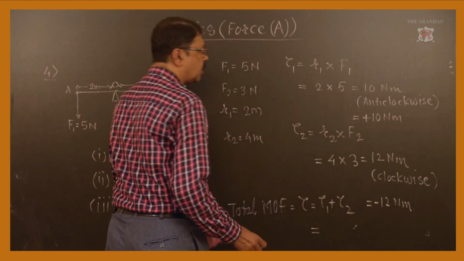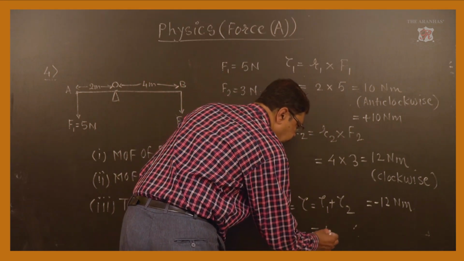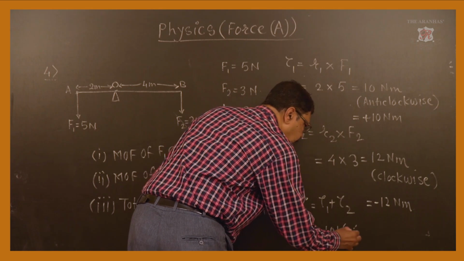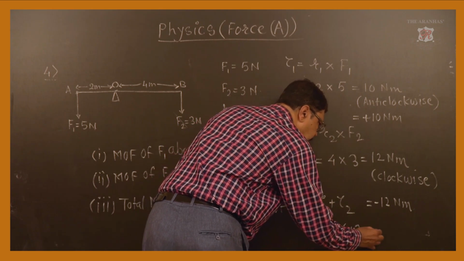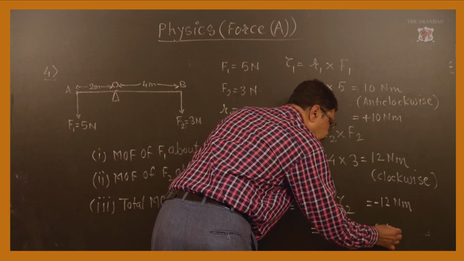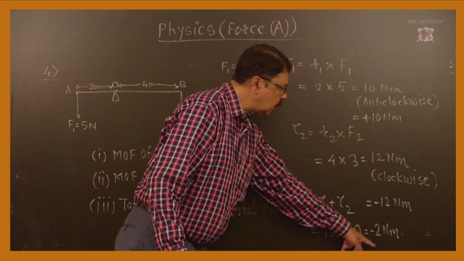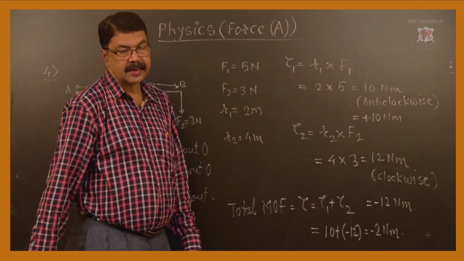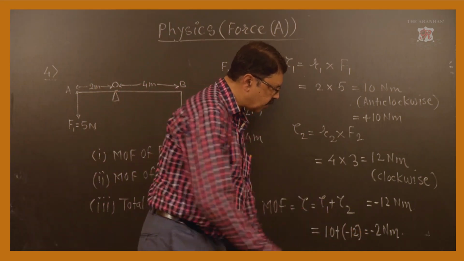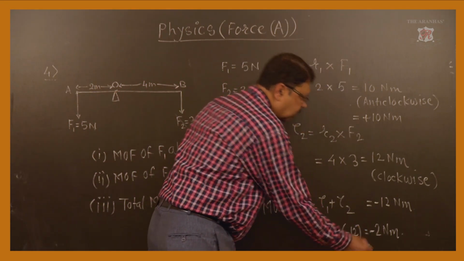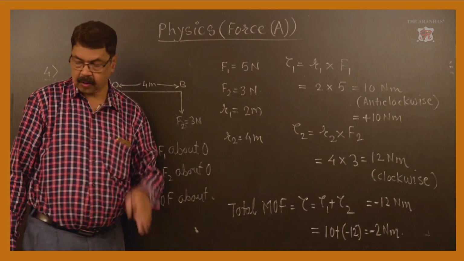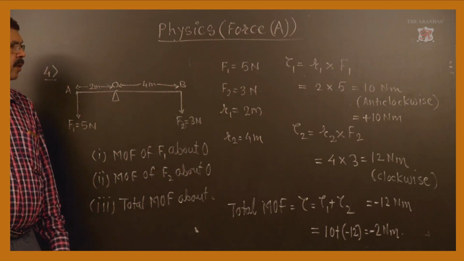That is plus 10 plus minus 12, which is minus 2 Newton meter, or write 2 Newton meter clockwise, because the minus sign is representing the clockwise moment of force.